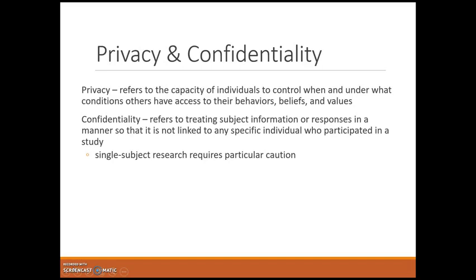It can't be traced back to any one person who participated in the study. When we're doing single subject research, this is a very important area. And again, we usually address privacy and confidentiality through the informed consent form that is presented.